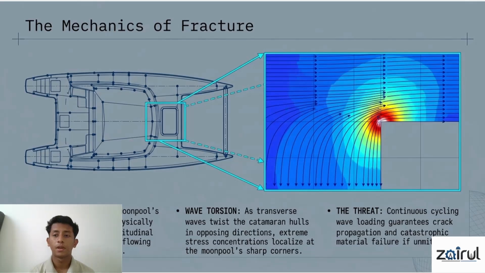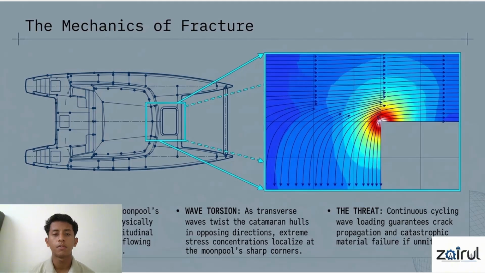When the loading is repeated, it can cause small cracks from the water, and it will initiate cracks at the hole of the moonpool from the corner. This crack may propagate under cyclic loading, leading to structural failure if left unchecked.